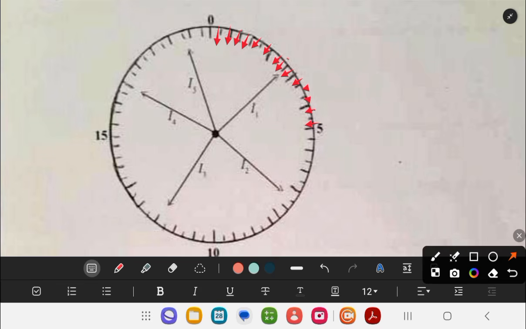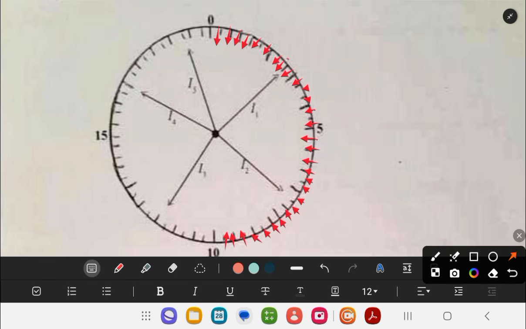Now we want a reading that is uniform. We got 14 from 0 to 5. Now let's see. 1, 2, 3, 4, 5, 6, 7, 8, 9, 10, 11, 12, 13, 14, 15, 16.